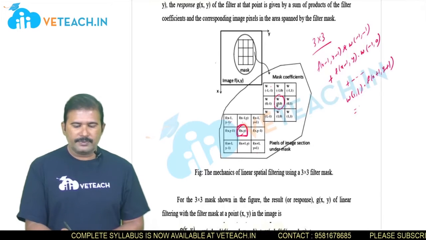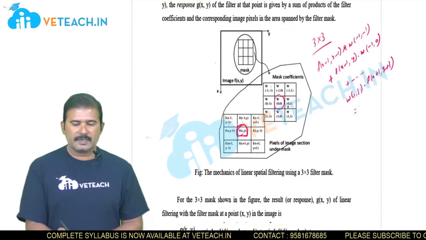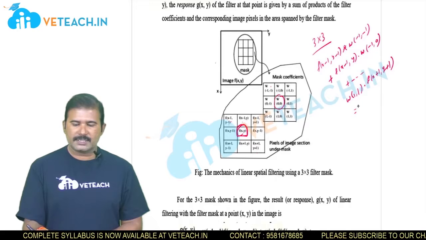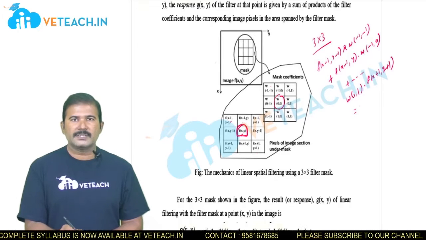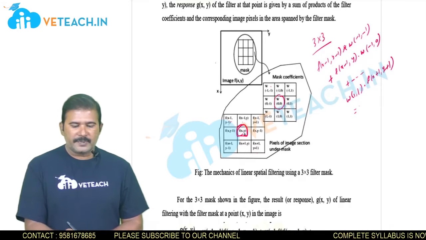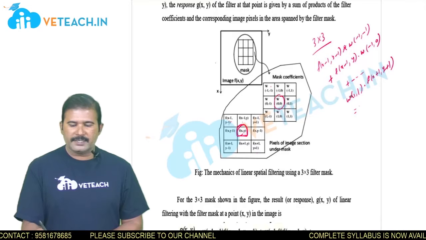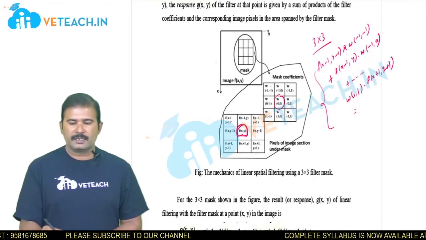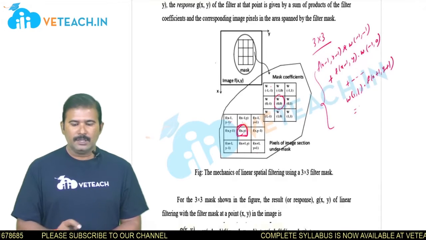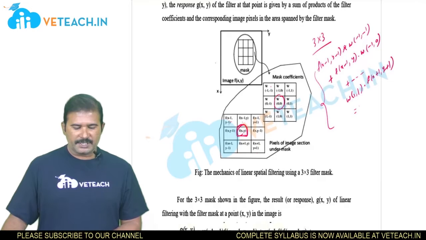Like that, this filter or mask is moved pixel by pixel, and the filtering operation is performed for every pixel, with the center pixel value replaced by the result of the spatial filtering operation. This is the basis of spatial filtering.